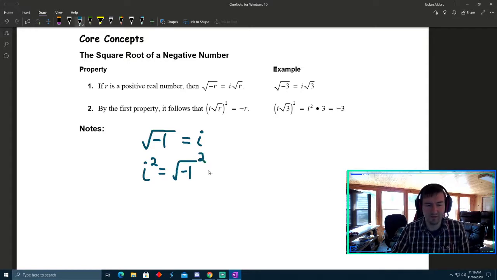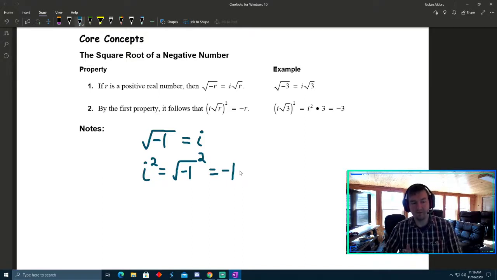So when we square a square root, we get whatever's underneath the radical. So i squared is just -1. So even though i is imaginary, when we square an imaginary number, we actually get a real number in return. So just remember that i squared is -1 and i equals square root of -1.